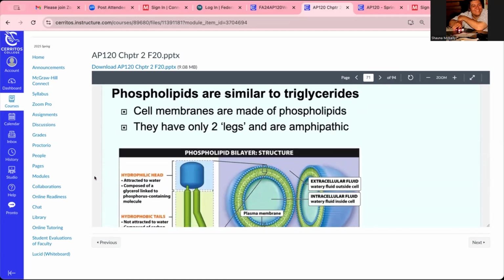Phospholipids are similar to triglycerides. Cell membranes are made up of phospholipids. They only have 2 legs or 2 projections, and they are amphipathic. I don't know what that word means, but I'll find out.